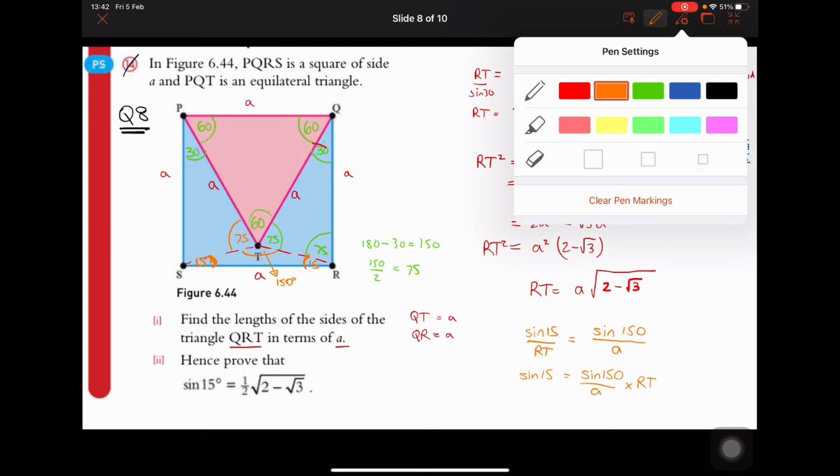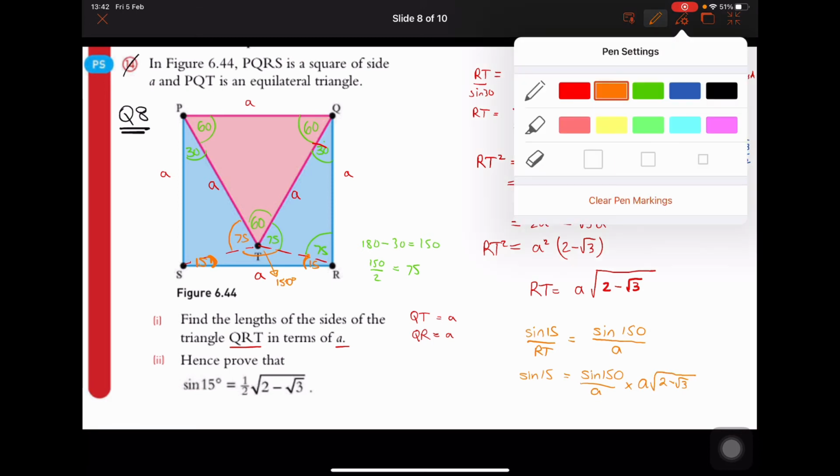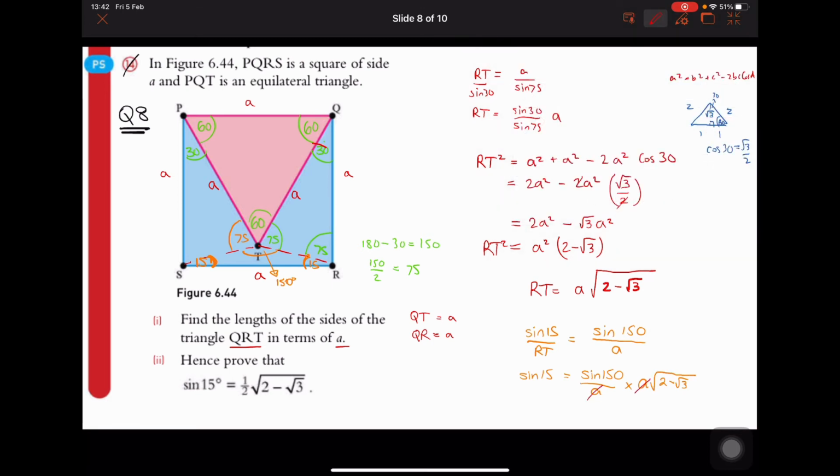Instead of writing RT, now I'll write where it actually is. So A, these two cancel out, and all that is left to do is for us to prove that a half equals sine 150 by drawing a sine graph.